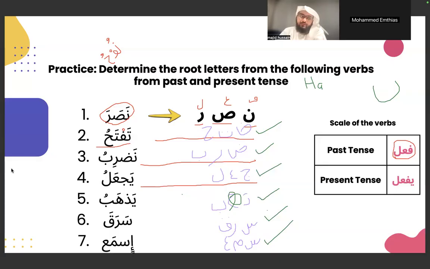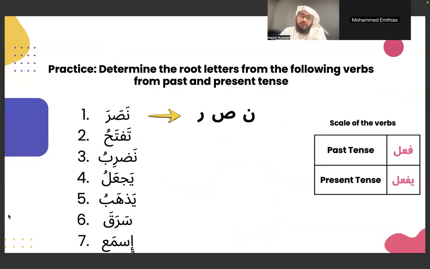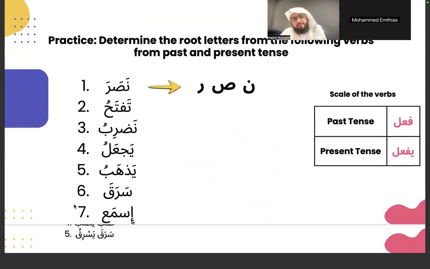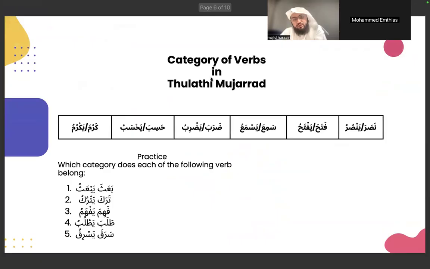Alhamdulillah. Right, now the important part of the past tense. Since we are in Thulathi Mujarrad now, we are beginning here from now. The actual journey of the past tense from Thulathi Mujarrad will start from here. The Thulathi Mujarrad is divided into 6 babs or 6 categories.